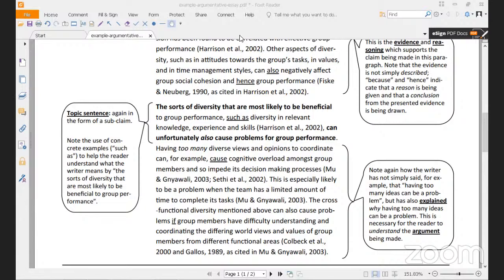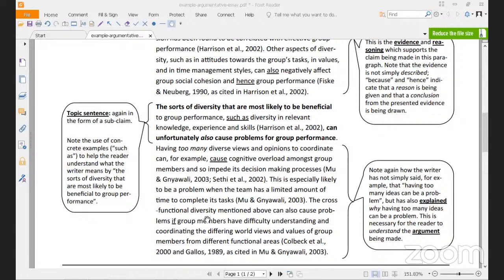Having too many diverse views and opinions to coordinate can, for example, cause cognitive overload amongst group members, and so impede its decision-making process. This is especially likely to be a problem when the team has a limited amount of time to complete its task.